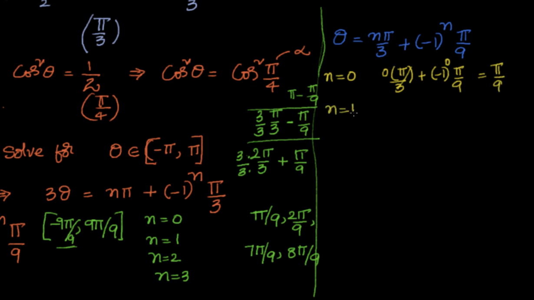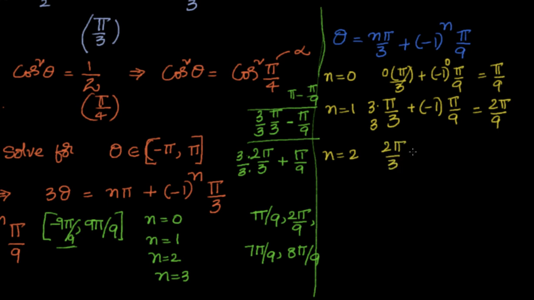If I take n equal to 1, it becomes pi by 3 plus minus 1 into pi by 9. Now I will multiply with 3 here. I will have 2 pi by 9. If I take n equal to 2, it is 2 pi by 3 plus (minus 1) whole square into pi by 9.